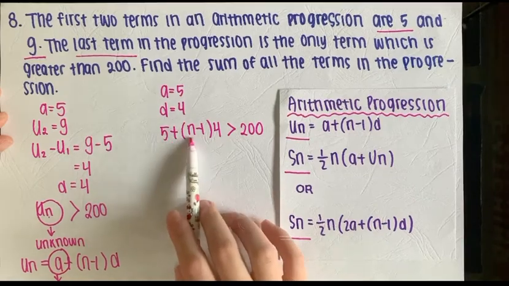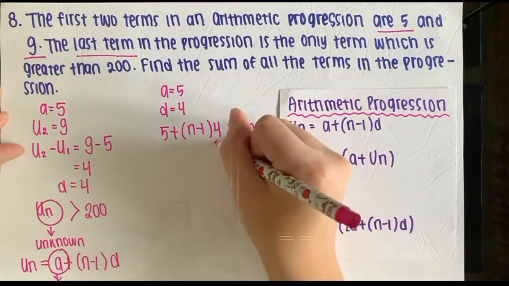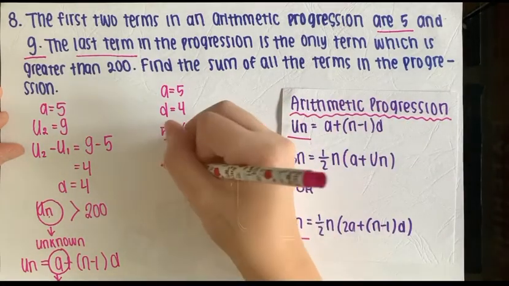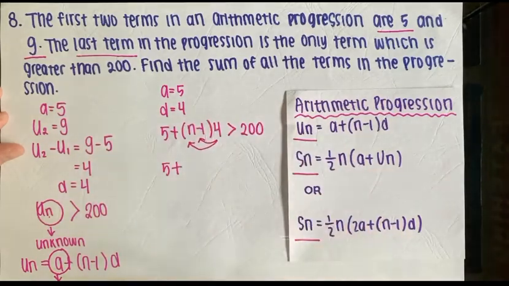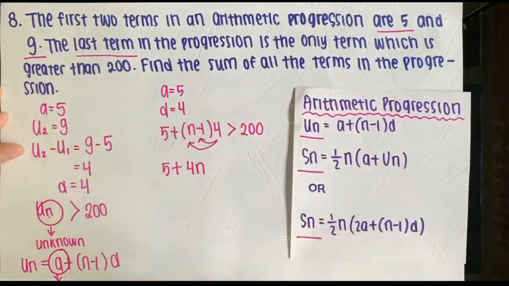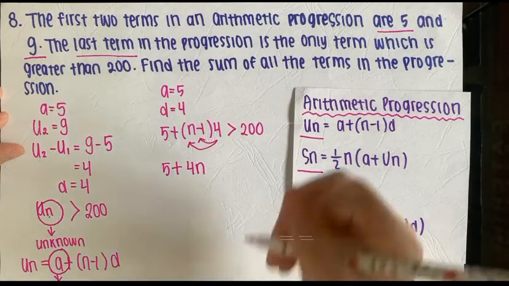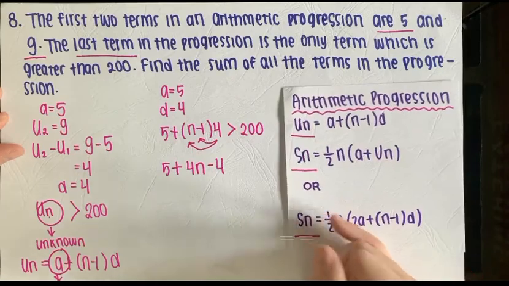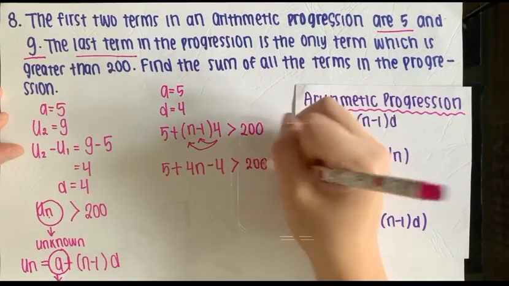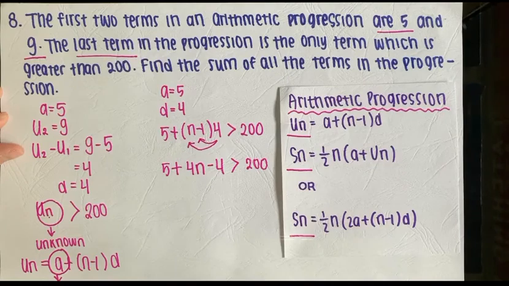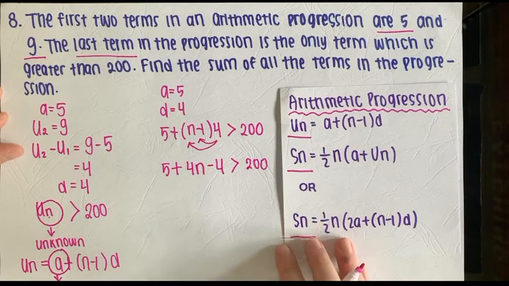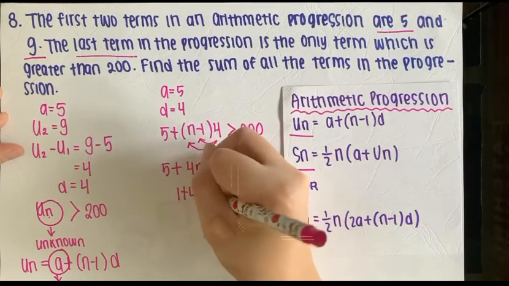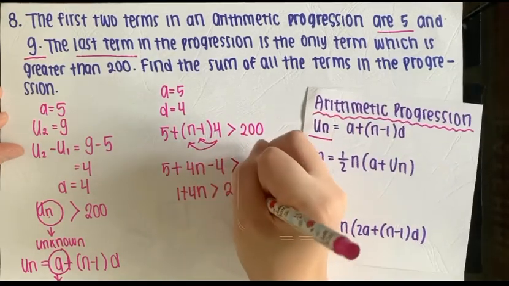We can also put this in a simpler way, by multiplying it inside. That way we get 5 plus 4n, which is 4 multiplied by n, and also negative 1 multiplied by 4, which results in negative 4. This would be bigger than 200. Knowing that, this results in 1 plus 4n is bigger than 200.